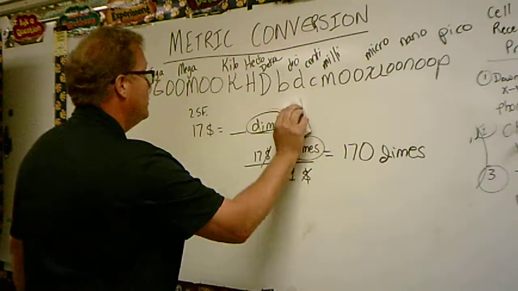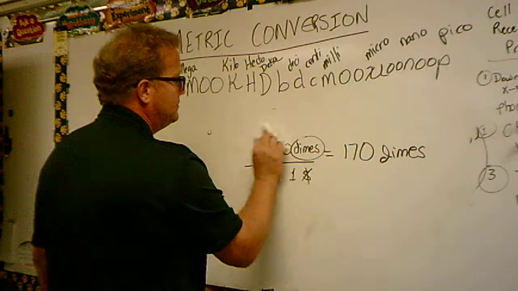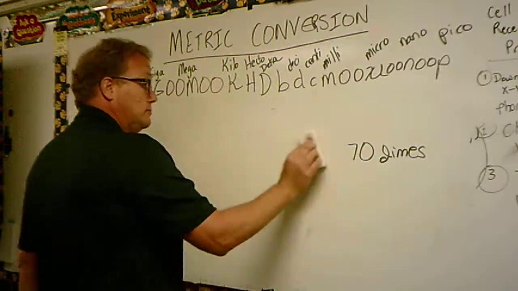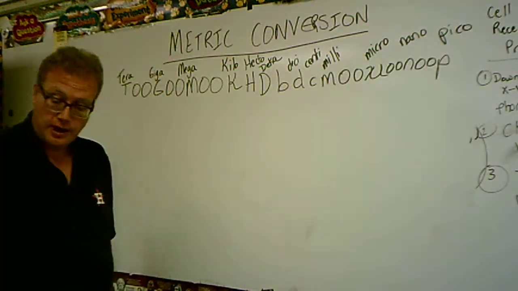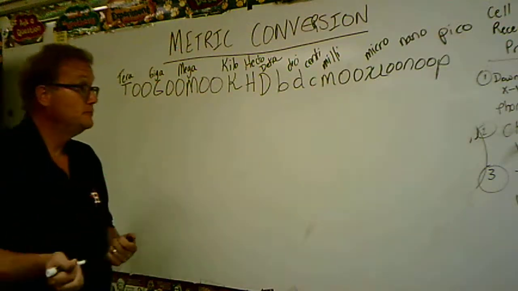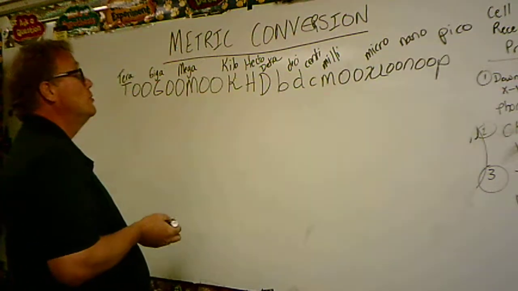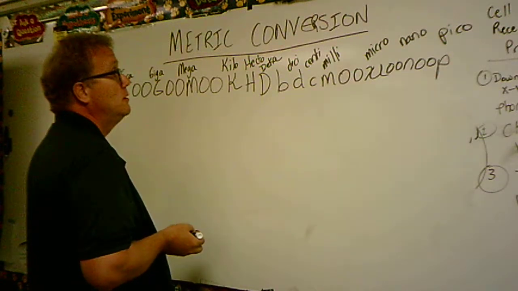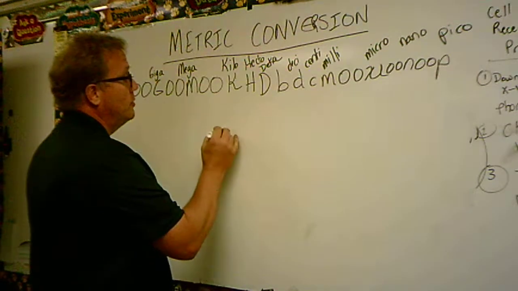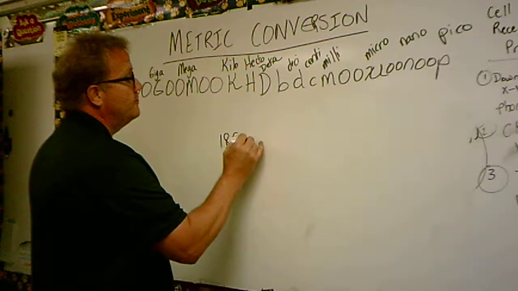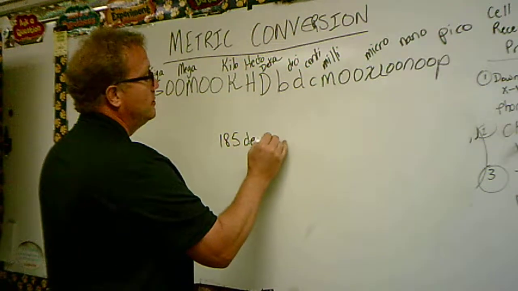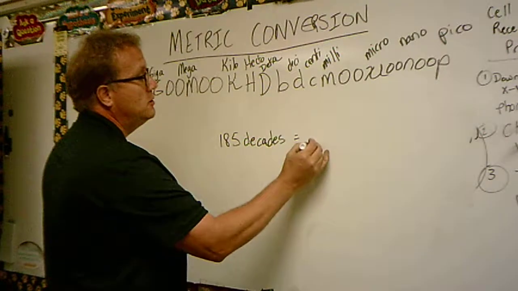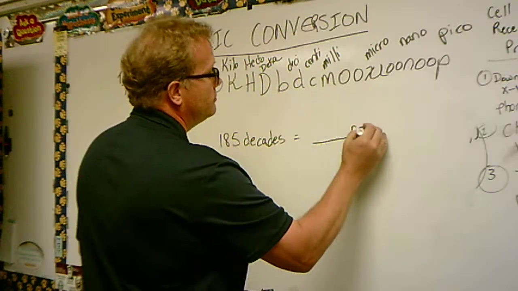Let's go ahead and do a time one. Again, we're not here yet, because I'm going to start adding them all together. So let's say I want to go, let's see, I wanted to do time, so let's go 185 decades equal seconds.